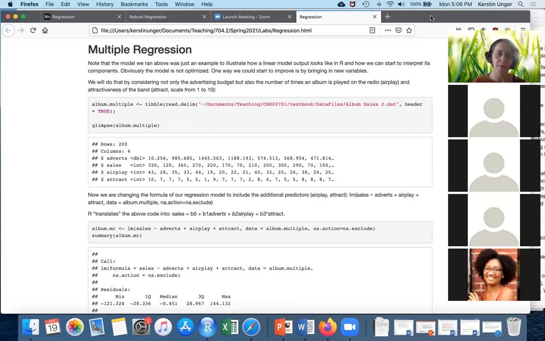So basically, don't use it as a guideline for your assignments. I still want you to be very detailed when I ask you something like check whether the assumptions have been met. I want you to be very, very thorough when you do that in your assignment. Don't think that what I have in the tutorials is enough.